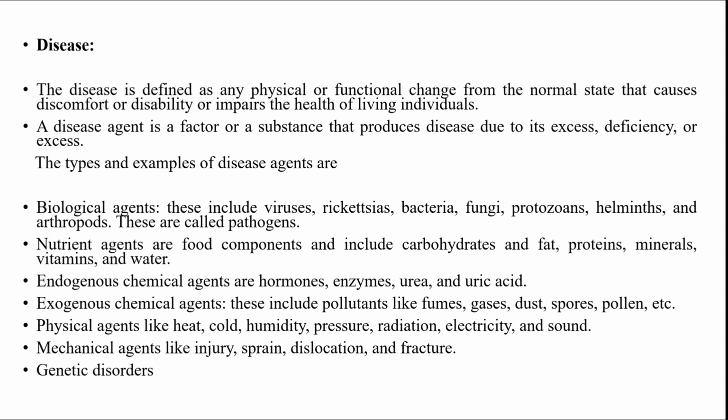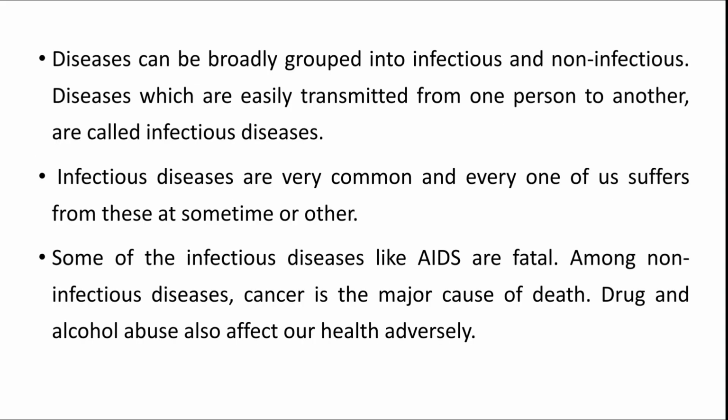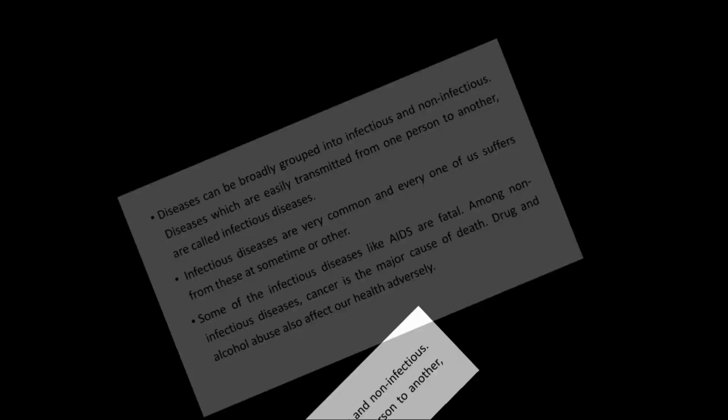Then physical agents like heat, cold, humidity, pressure, etc. Mechanical agents like injury, sprain, dislocation, fracture. Then genetic disorders are there. So these are various disease agents which can cause a disease actually.